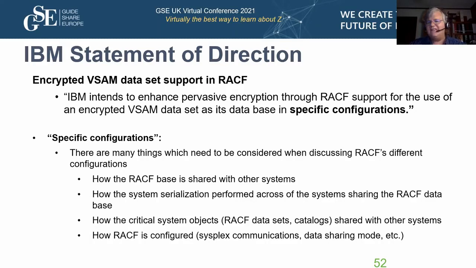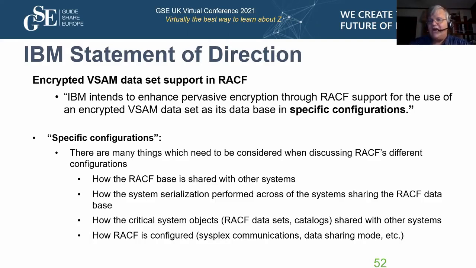Now, the last thing is, I always said we'd support a VSAM data set in specific configurations. When we said specific configurations, it's a phrase that I sometimes call sufficiently vague. But what we meant has to do with specifically how you're sharing your RACF database and the particular RACF options you might have set on, Sysplex communications being one, RACF data sharing being another.